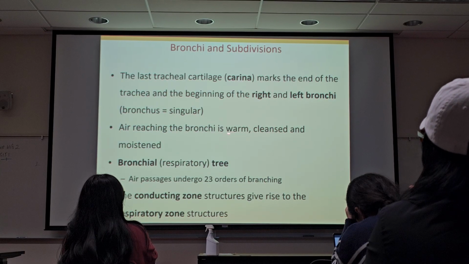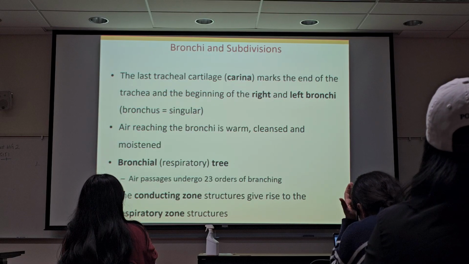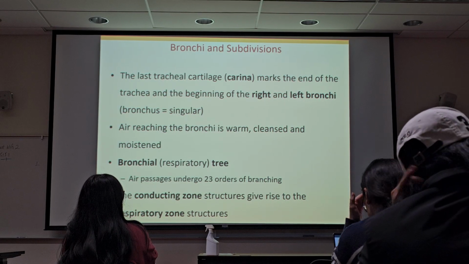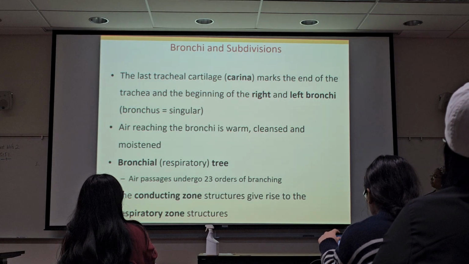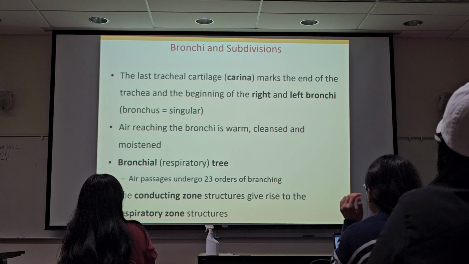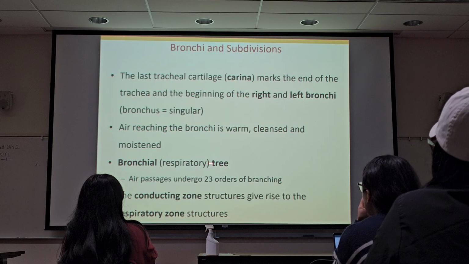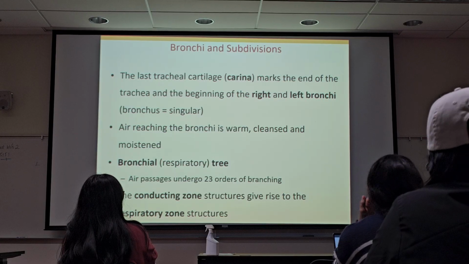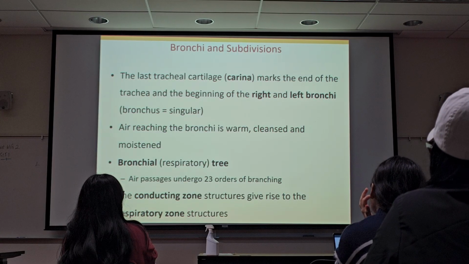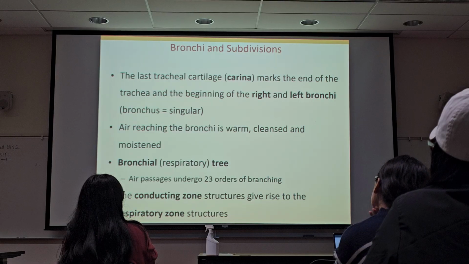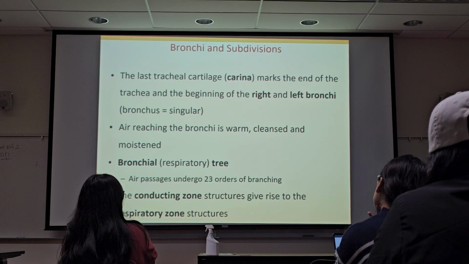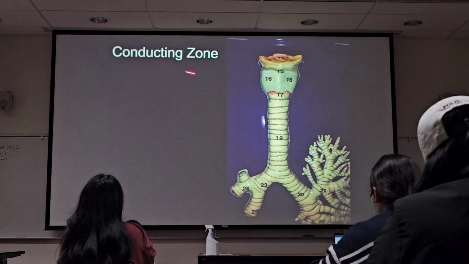And now we're bringing air that has been cleansed, warmed, moistened, through the conduits, to what's gonna be the bronchial tree, where again we get 23 orders of branching until we finally leave the conducting zone and enter the respiratory zone, and go through a few more structures before we get to the sites of gas exchange.